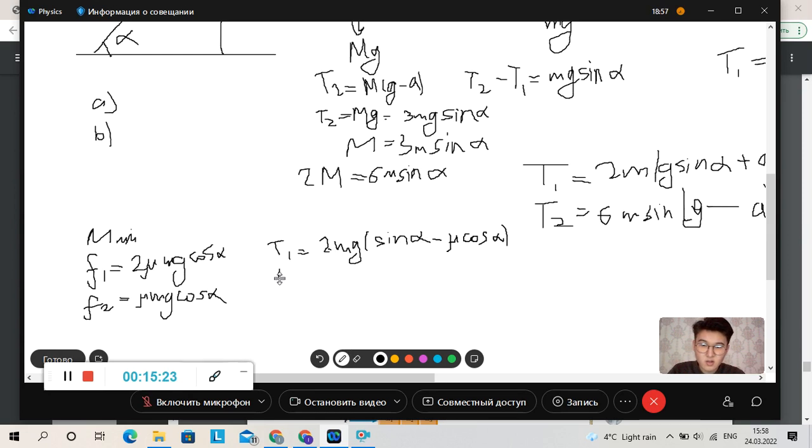Okay, this is T1, and we need to write 2T is equal to mg in this bracket sinus alpha minus u cosine alpha.